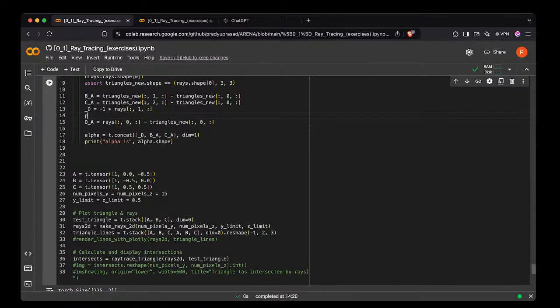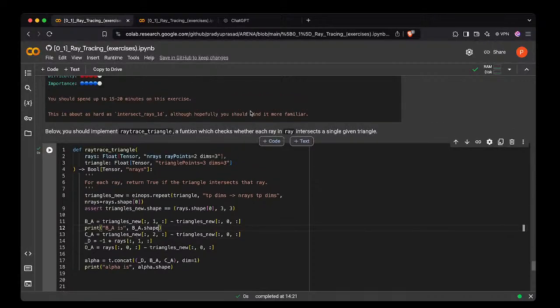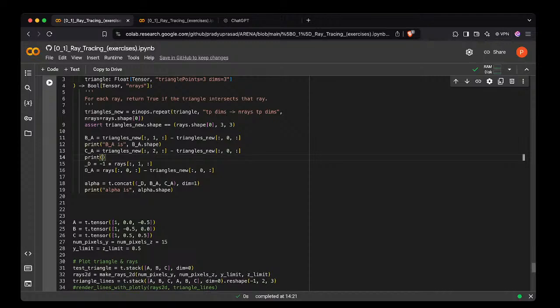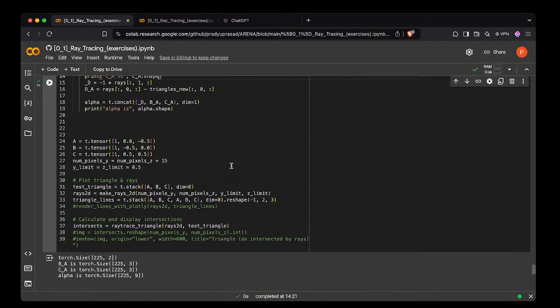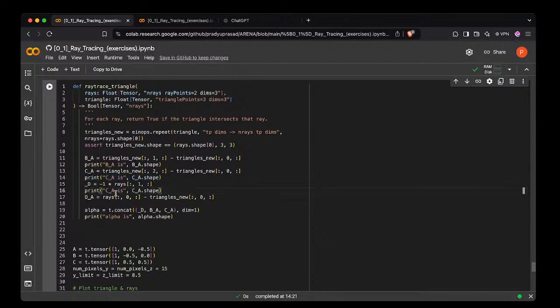Well, let's try this. Print BA shape. BA is this. Print CA is CA.shape, and it should also be 3 by 2 to 5 by 3, I hope. Yes. And then the last one, underscore D is underscore D.shape.